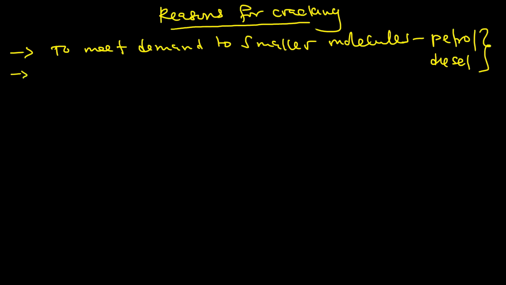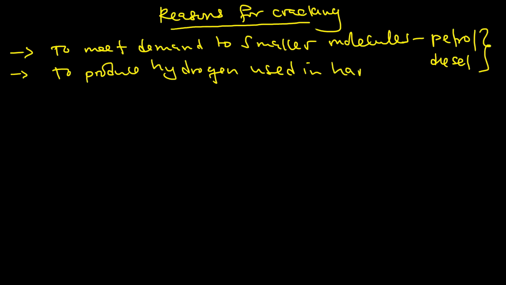Then the other one, you remember under non-metals that hydrogen can be made industrially by cracking. So to produce hydrogen, used in the Haber process to make ammonia. Not only in the Haber process, but also in the hardening of vegetable oil to produce margarine. So this hydrogen is produced by cracking.